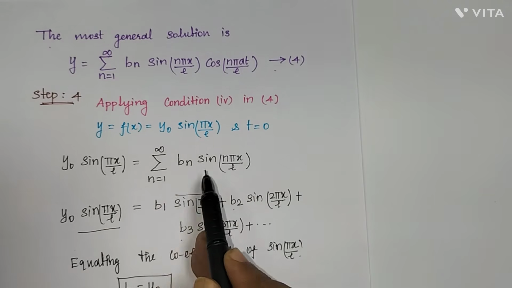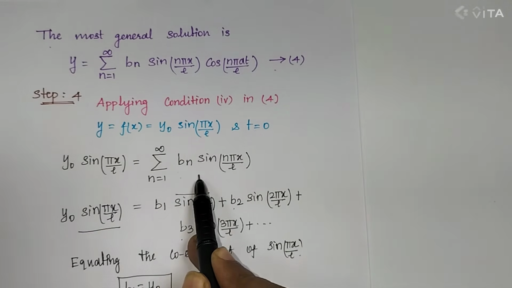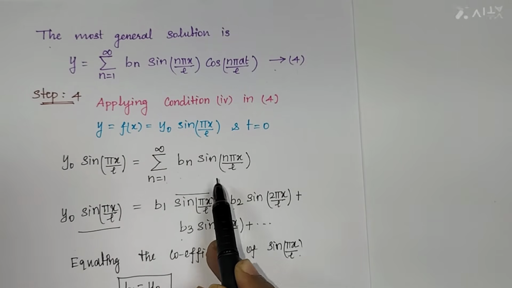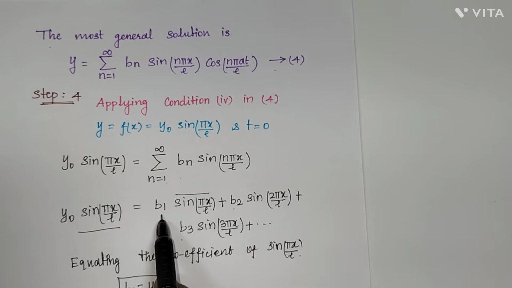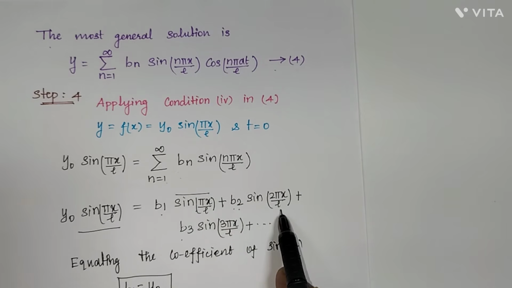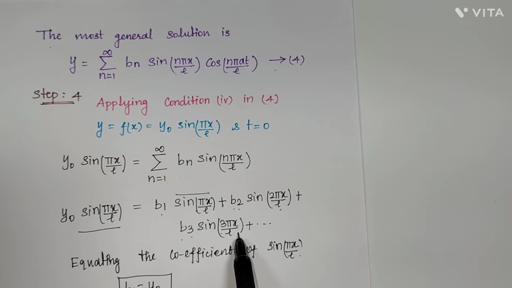So on the right hand side I'm going to expand this series, substituting n equal to 1, 2, 3, 4, 5 up to an infinite number of terms. First n equal to 1 gives b1 sin(pi x by L). Next n equal to 2 gives b2 sin(2 pi x by L). Next n equal to 3 gives b3 sin(3 pi x by L).